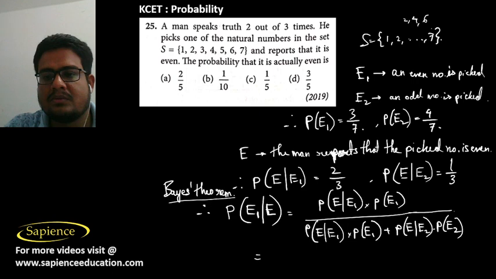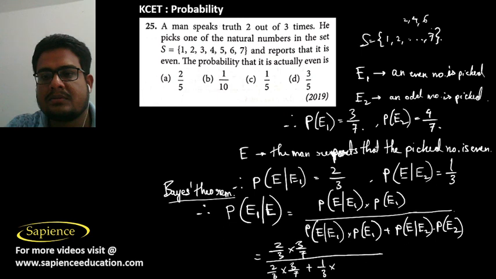So that would be equal to P of E given E1, that is 2 by 3, into P of E1, that is 3 by 7, divided by 2 by 3 into 3 by 7, plus P of E given E2, that is 1 by 3, into P of E2, that is 4 by 7.